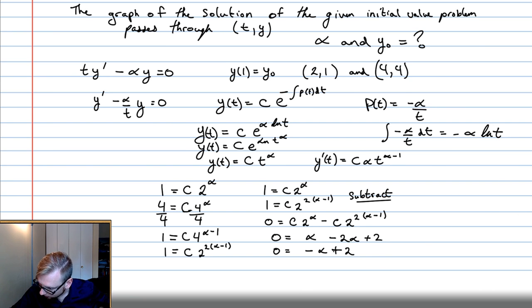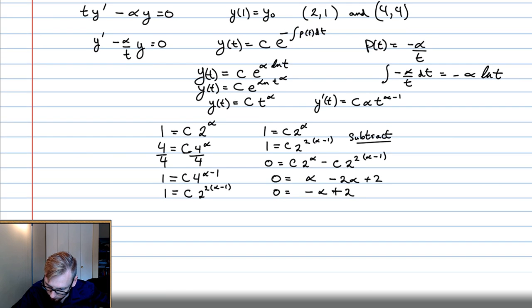And then we scroll down a little bit. We've got alpha equals, oh, I hit the opacity for some reason. Alpha equals to 2. And now we can find C.